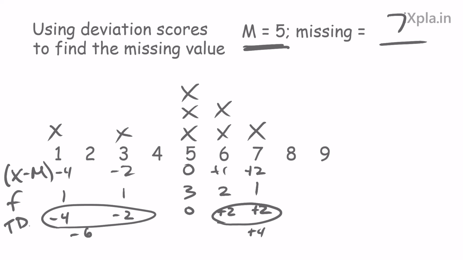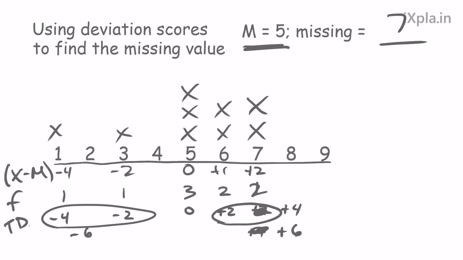So what score, again, these are your scores, what score has a deviation of +2 from the mean of 5? Well, 7 does. So if we add one more 7, we're going to have 2 of those. This becomes +4, this becomes +6, and we're good to go. Does this make sense?